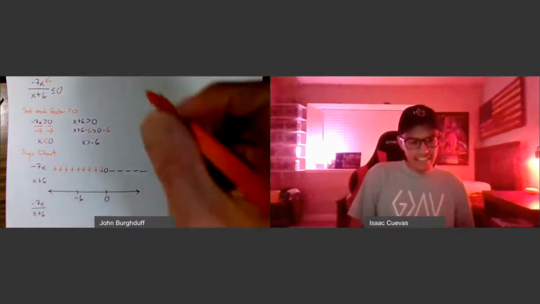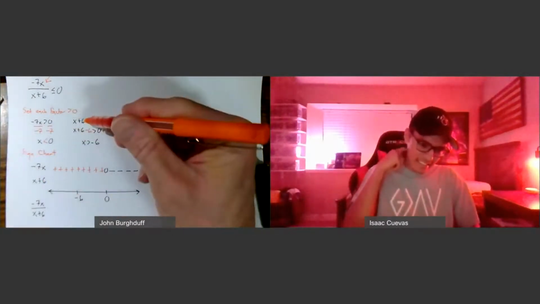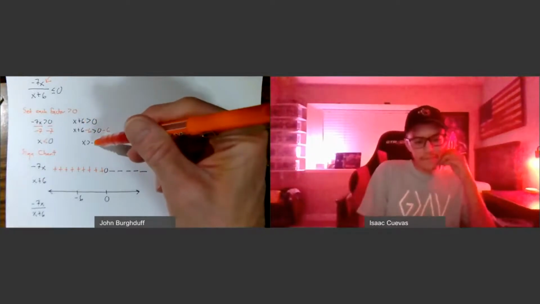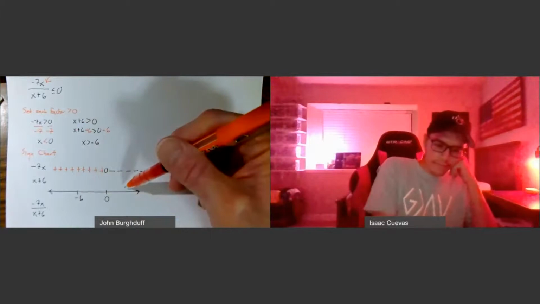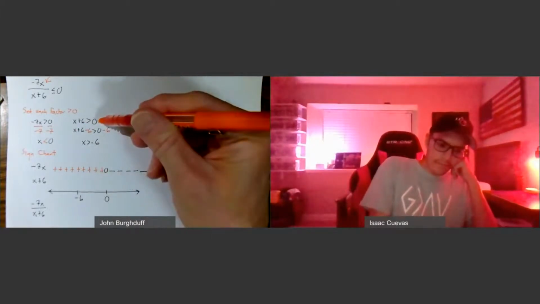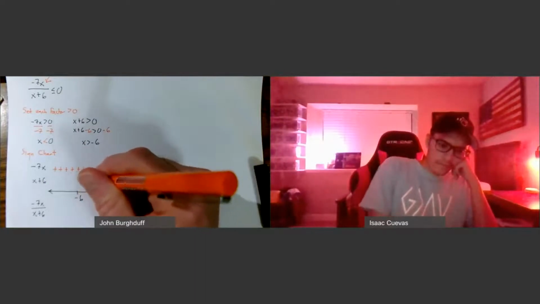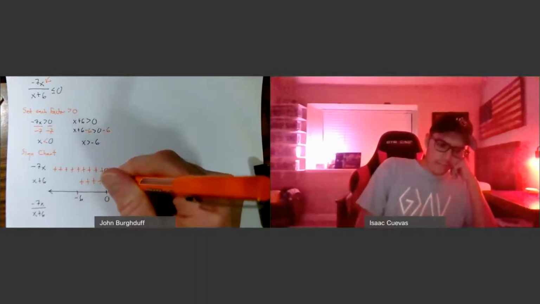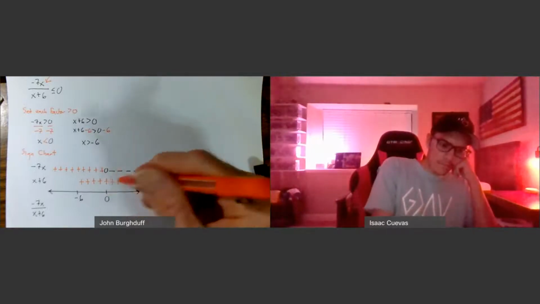Now, looking at the second factor, which is this one, the work we did here said that if x is greater than negative 6, that means to the right of negative 6, then x plus 6 is positive. So for any value of x that's greater than negative 6, the factor x plus 6 will be positive.